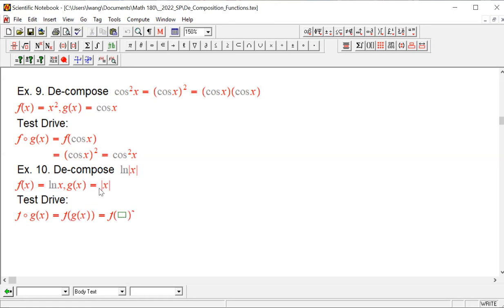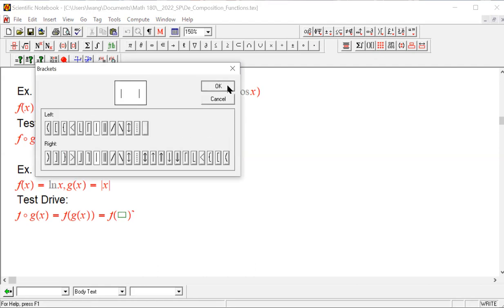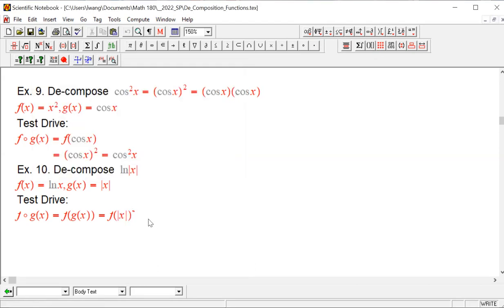So g of x is the absolute value of x. And then we apply the rule of f. What is the rule of f? Whatever input we have, we're going to apply the natural log rule to it. So it's going to take ln applying to the input. So that's the input.